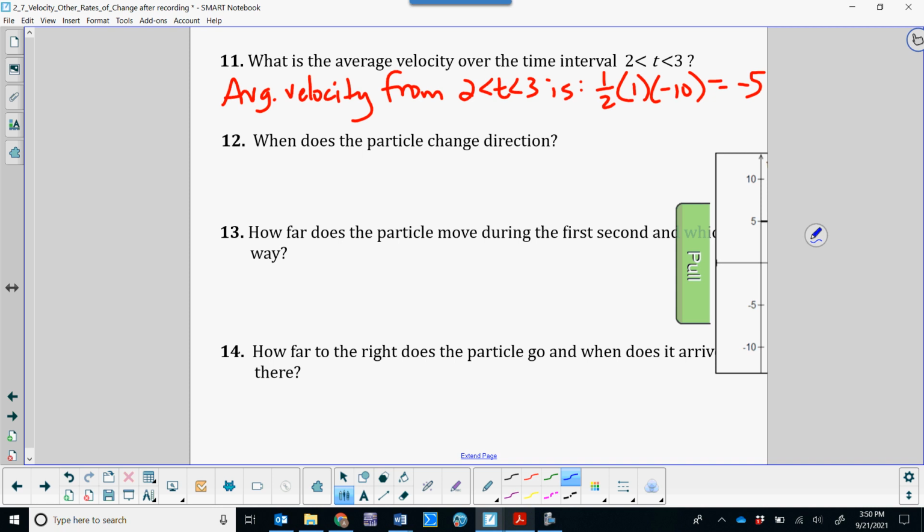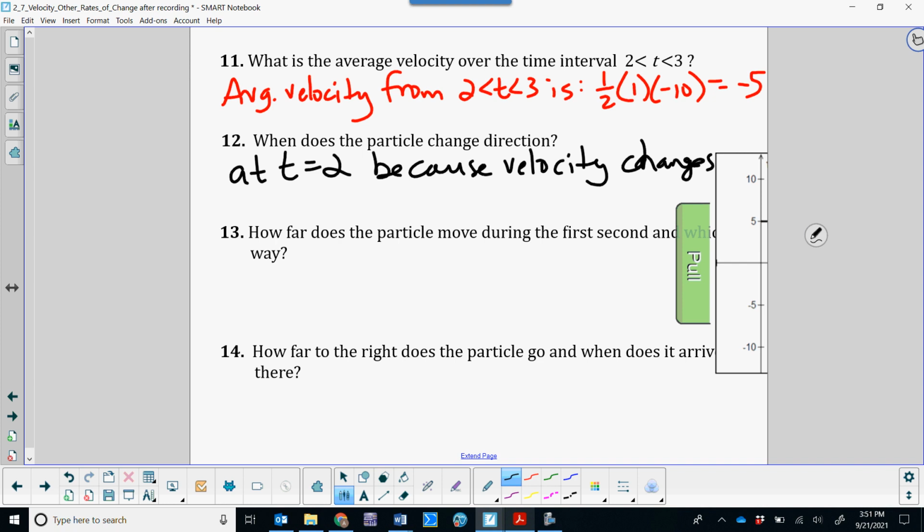So we're going to answer when it happens: at t equals 2, because velocity changes from positive to negative. So we know it changes direction.